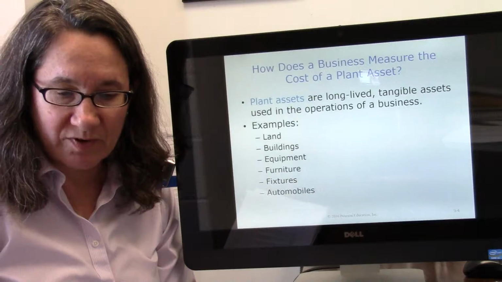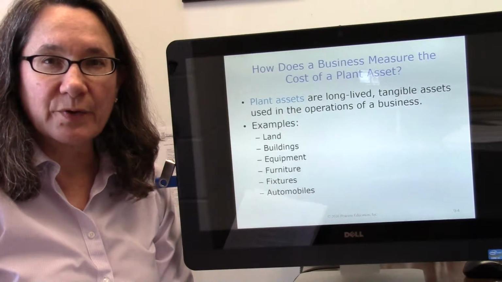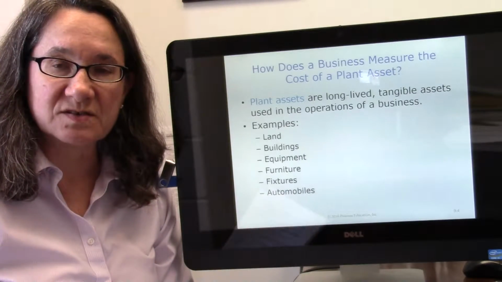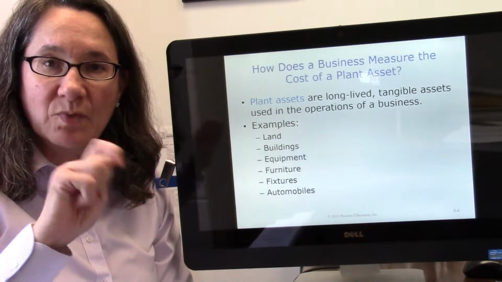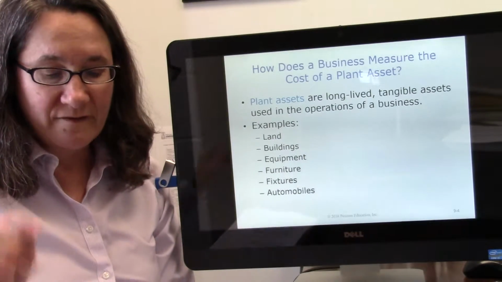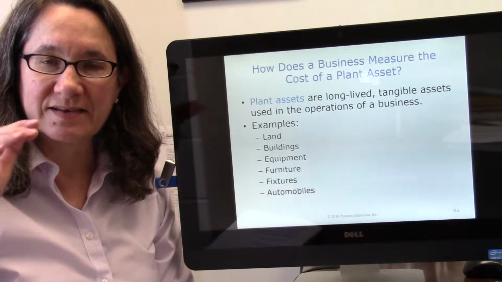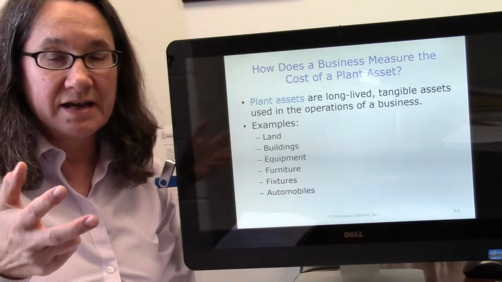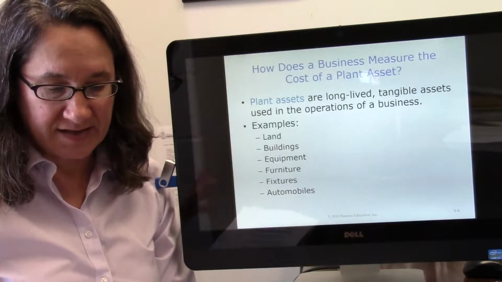Often plant assets are referred to as property, plant, and equipment. So you'll see that sometimes on other companies' balance sheets. You'll see instead of what we call plant assets, they just call PP&E, property, plant, and equipment, or fixed assets. So fixed assets, kind of like the name implies, it's like in the place, fixed assets. So you can see different names for these kinds of assets. We're going to call them plant assets.